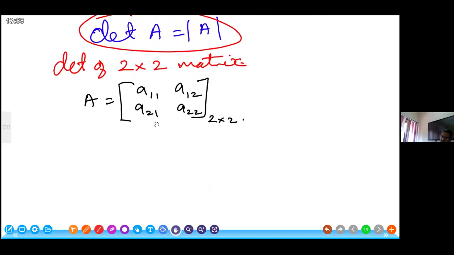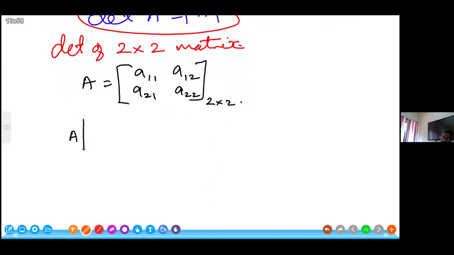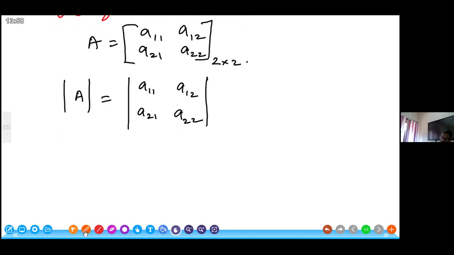So the determinant of a given 2 into 2 matrix is very simple: A11 into A22 minus A12 into A21. Okay, so that is called determinant.